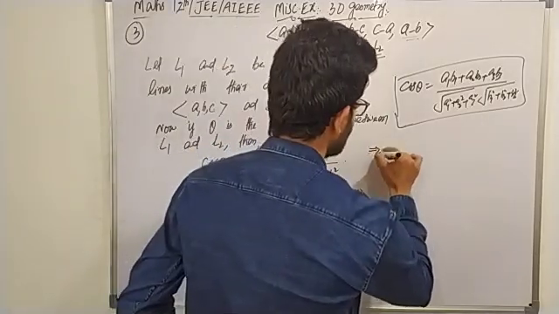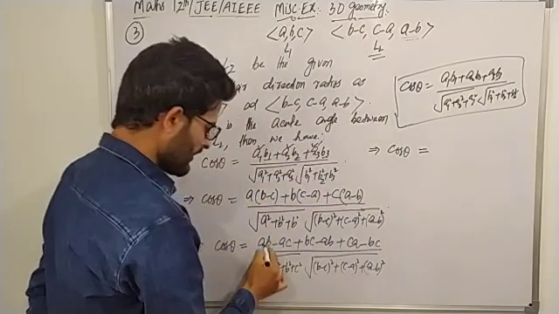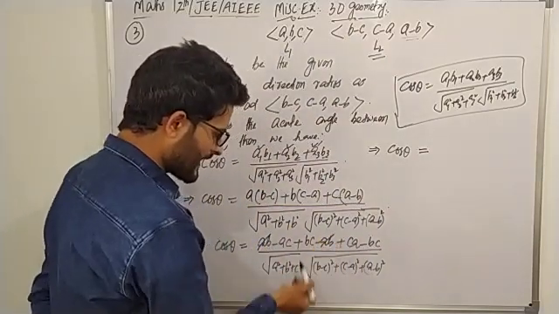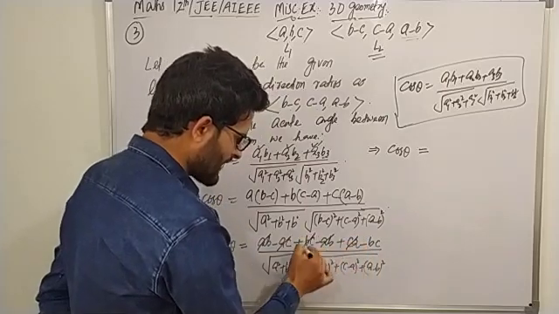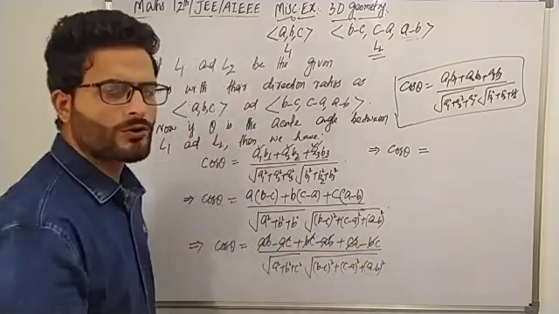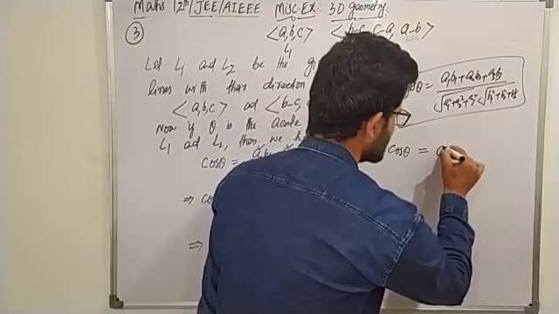So implies cos theta is then equal to, plus AB minus AB will cancel out, minus AC plus AC will cancel out, plus BC minus BC will cancel out. So remaining result is 0. 0 divided by anything is 0.